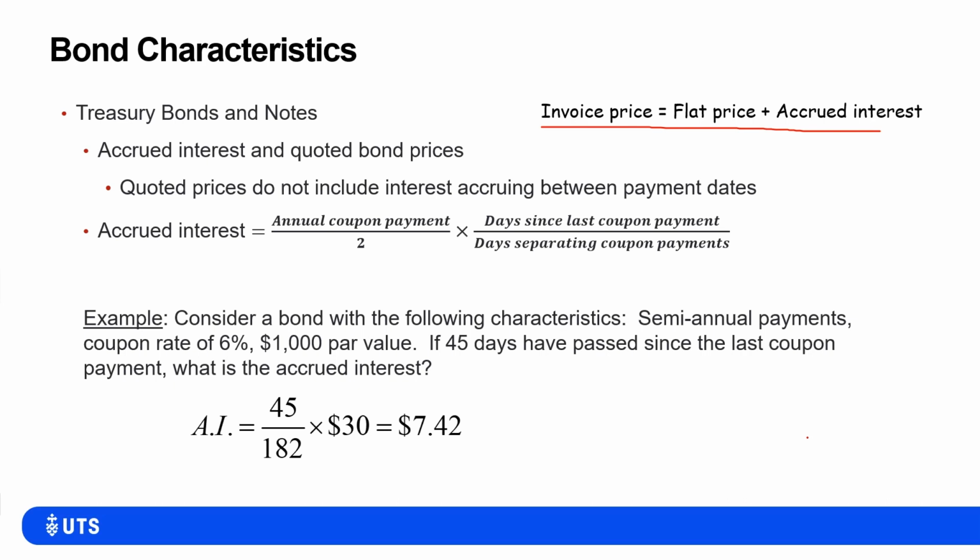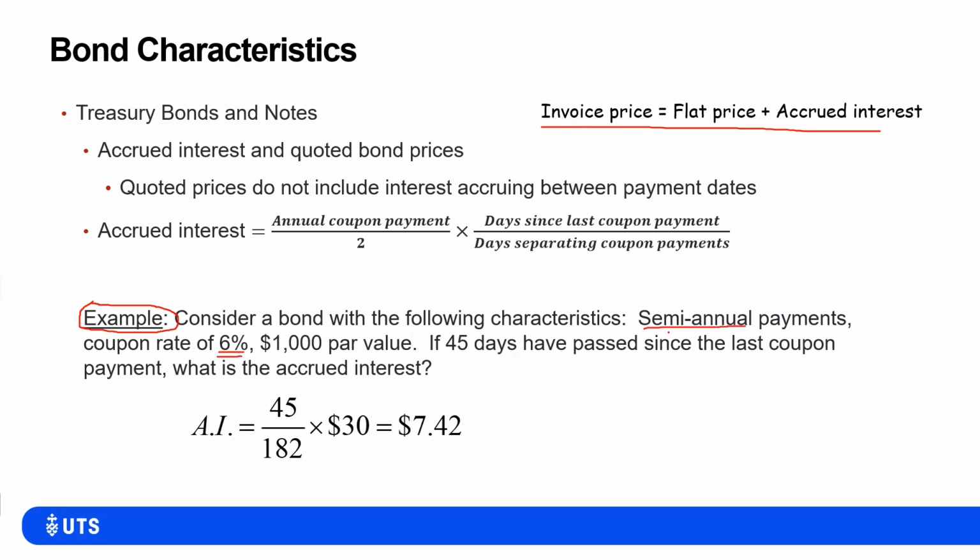Now that's quoted prices. Now let's move on to a specific example of the accrued interest calculation. Here we have a bond with the following characteristics. It has semi-annual payments and the coupon rate is 6%. You need to pay attention that the coupon rate is an annualized rate.